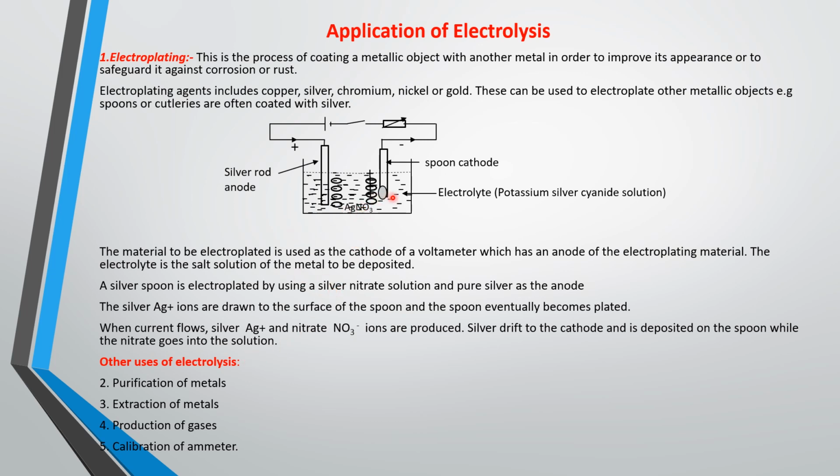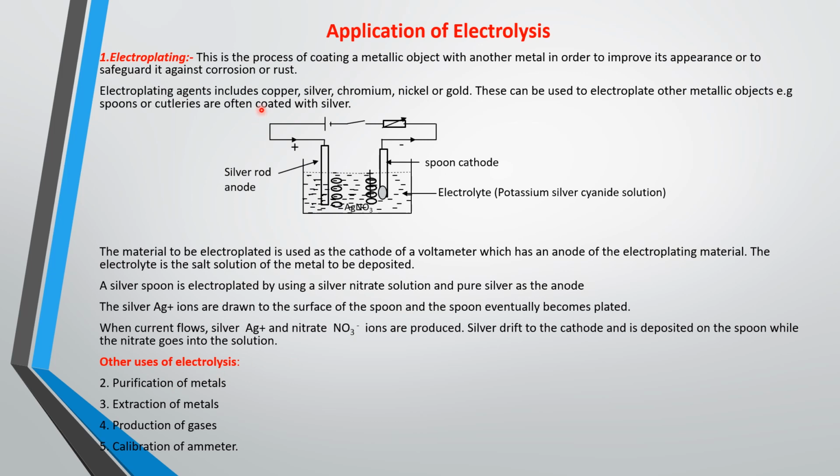As the silver is depositing, it is electroplating the spoon. By the time you finish the process, the spoon will come out silver plated, shining, and the appearance will be better. So that is how electroplating is carried out.